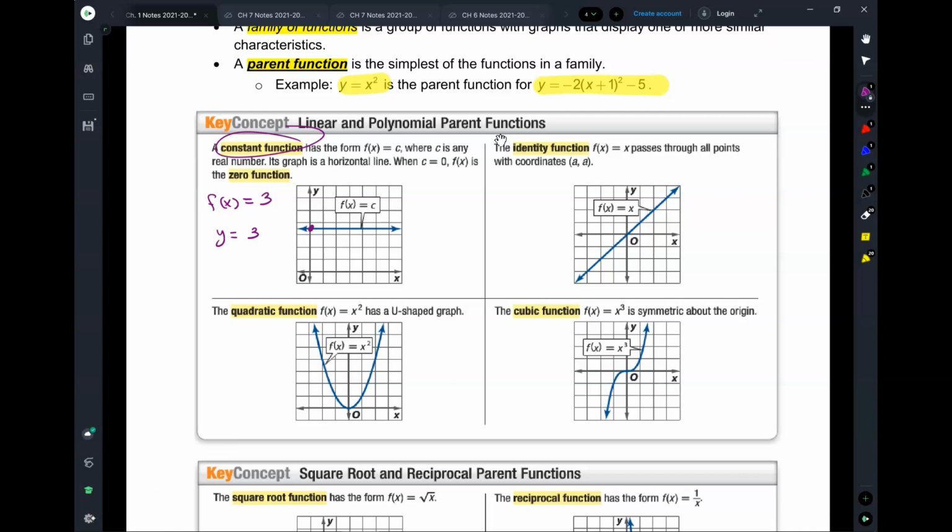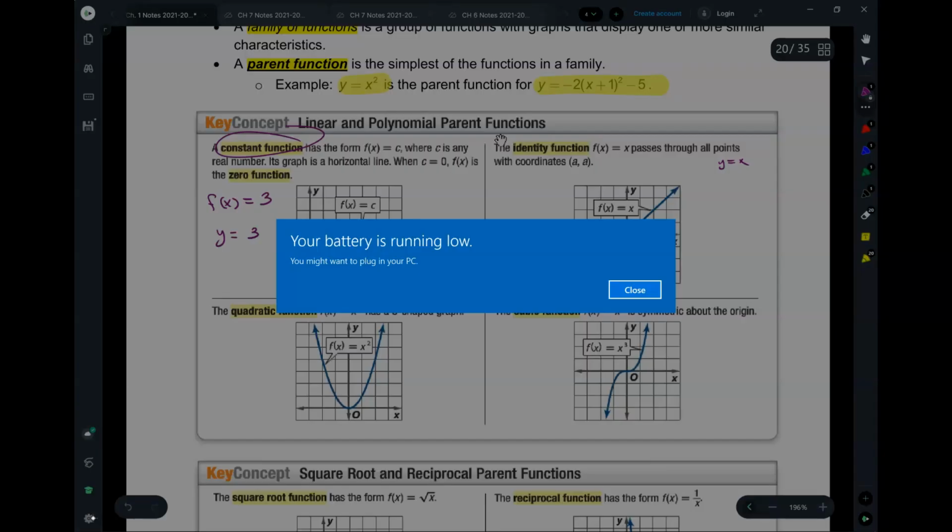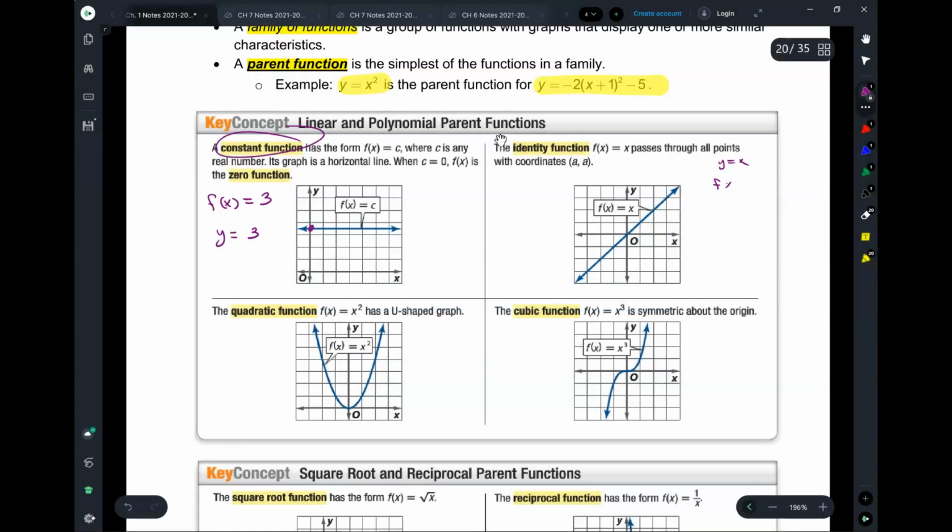Next, you have the identity function. This is what you know as y equals x, or we can rewrite it as f of x equals x. That's the parent function, but if you add to it, y equals like 3x plus 5, negative 2x minus 7, right?